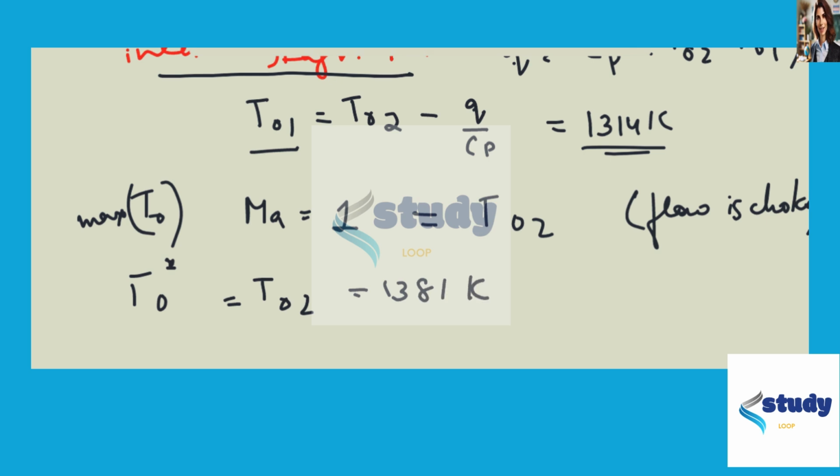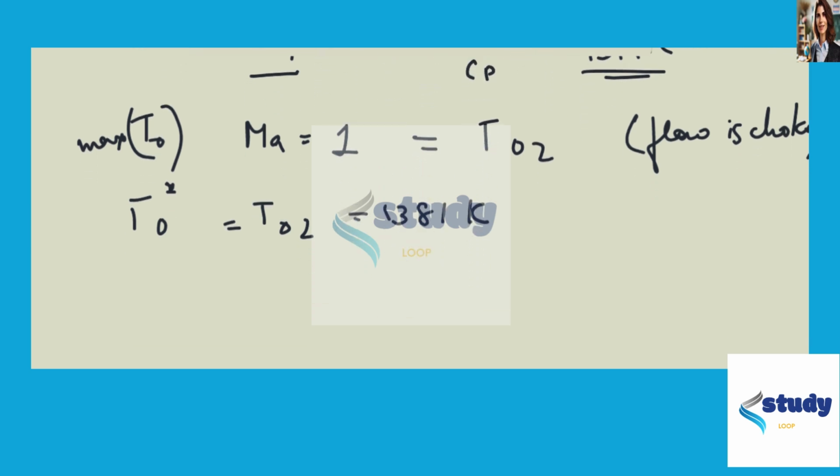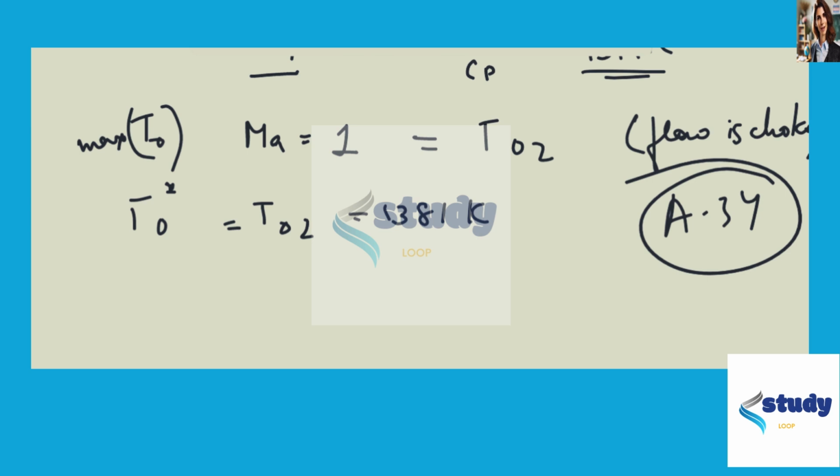Then the stagnation temperature ratio at the inlet and the Mach number corresponding to it are from table A34. From that we get the values.